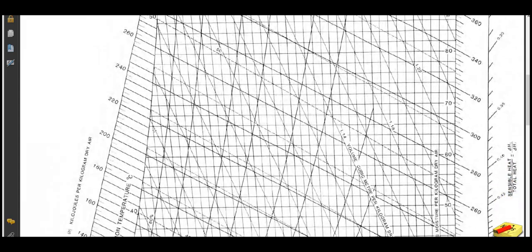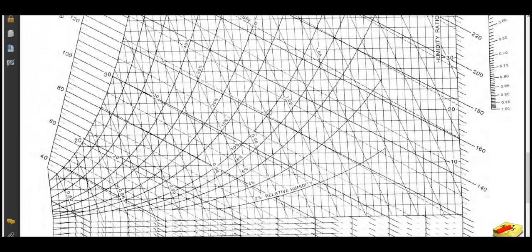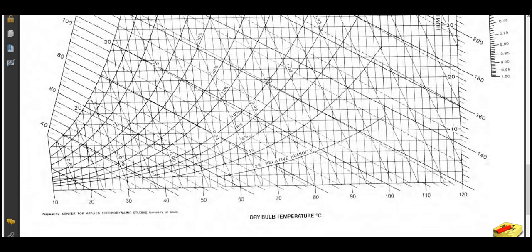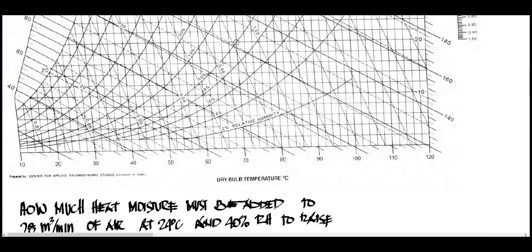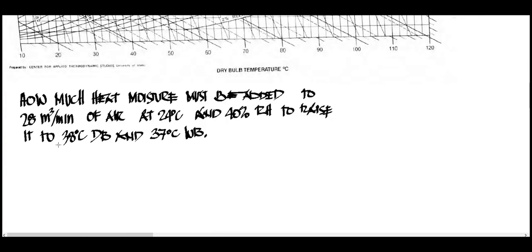Mostly it is only up to 50 degrees, but anyway, it is until 100. This is different, we are in for 120 degrees Celsius. So let's plug this in. I have here now the high temperature psychrometric chart, so let's plot this one.